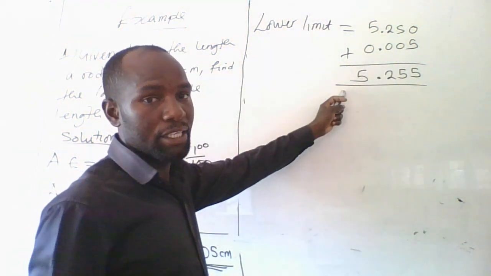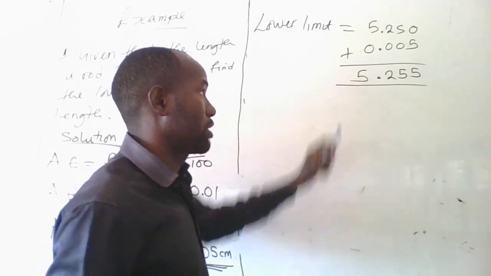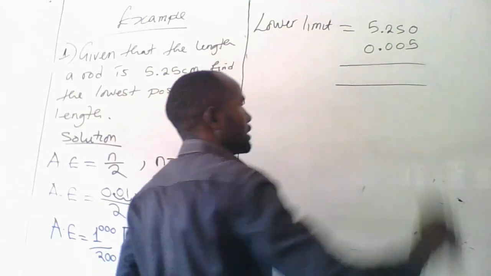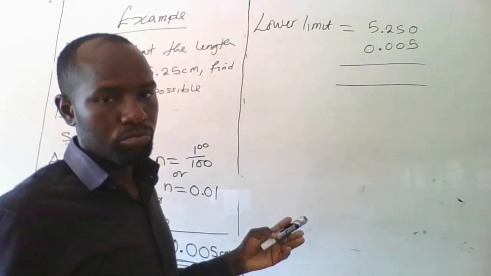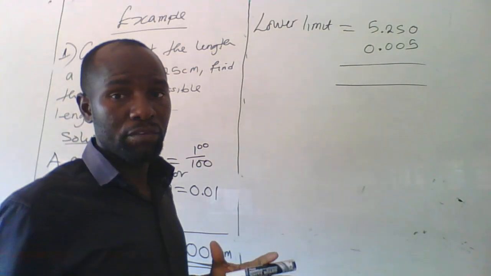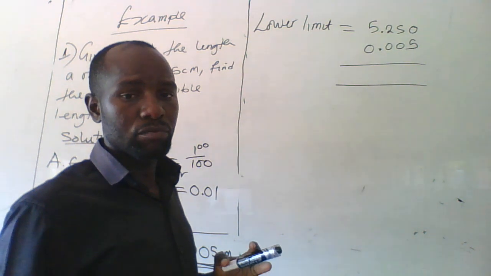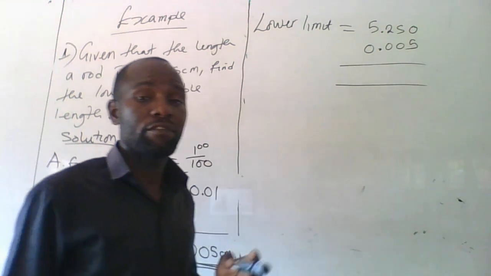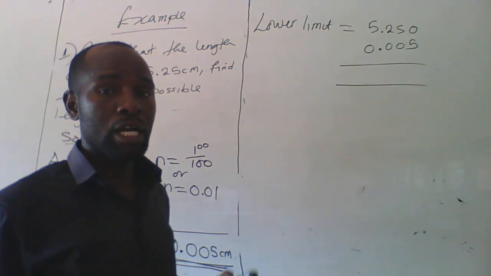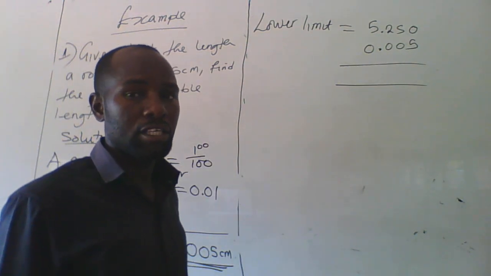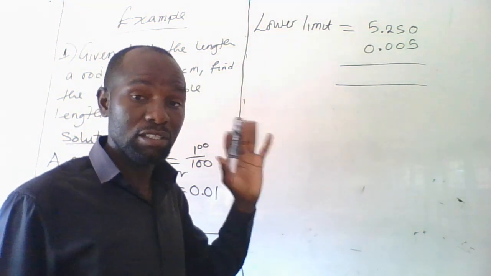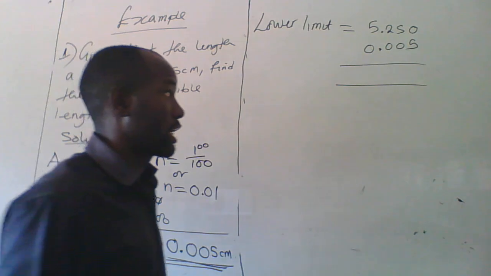What we have done here is for the upper limit. We are supposed to subtract to find the lower limit. We do make simple mistakes, but it's important to identify them and correct them. If it was in an exam and you don't identify the mistake, you fail.